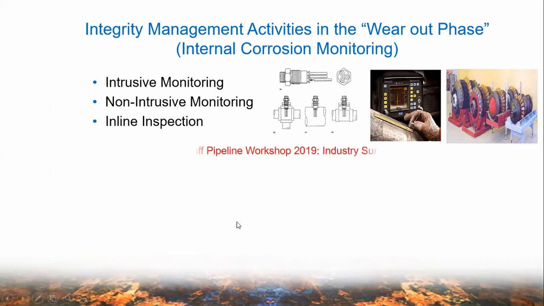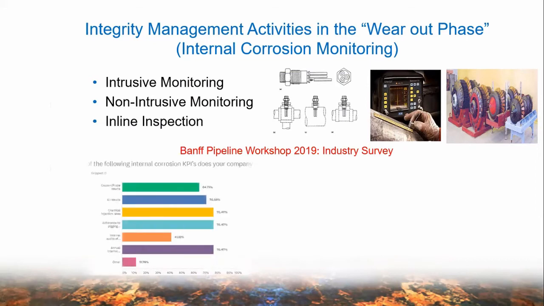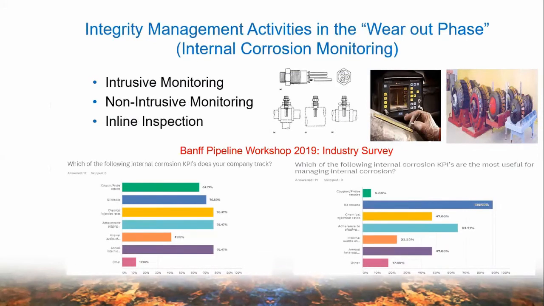An industry survey presented at the BAF Pipeline Workshop 2019 indicated that 65% of the companies are using coupons, but only 5% of them believe in the corrosion rate obtained from the coupons. What is the use of spending money on coupons? The message here is do not use techniques and collect data if you do not believe in the technology.